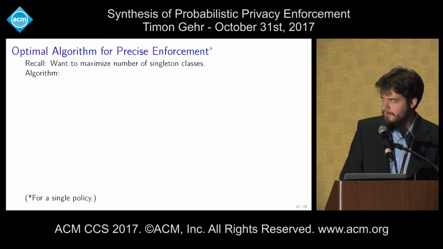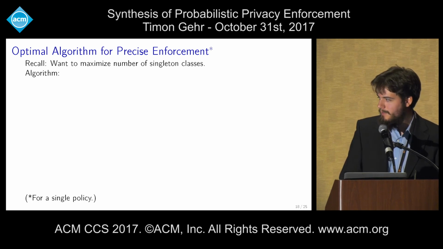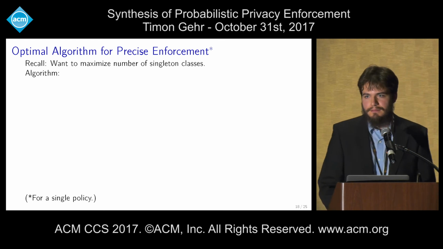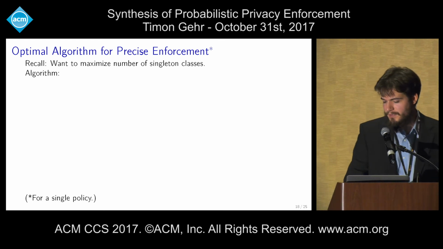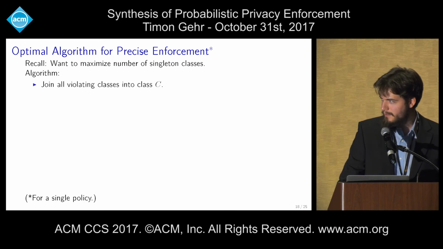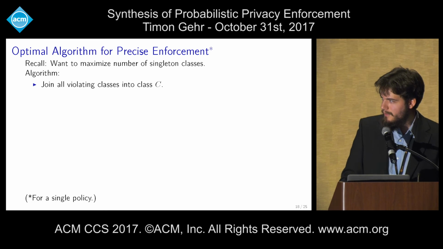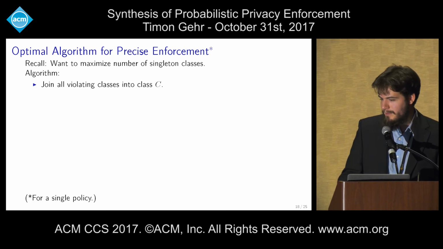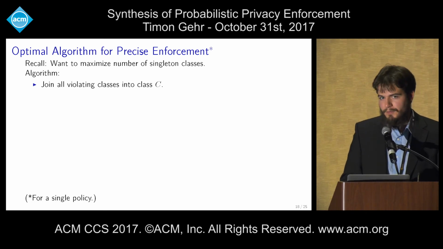Then I'm also presenting the optimal algorithm for precise enforcement, but I don't think I have enough time to really explain everything in detail, so we'll go quickly through it. One thing you can notice is that there is always an optimal output where only one of the classes is not a singleton. So only one of the classes has multiple outputs in it.